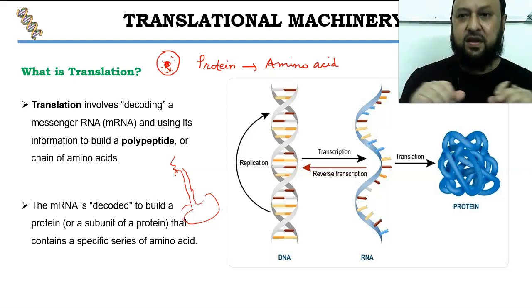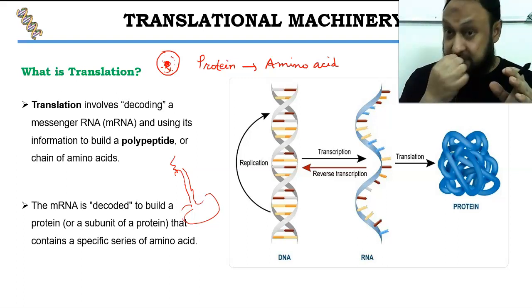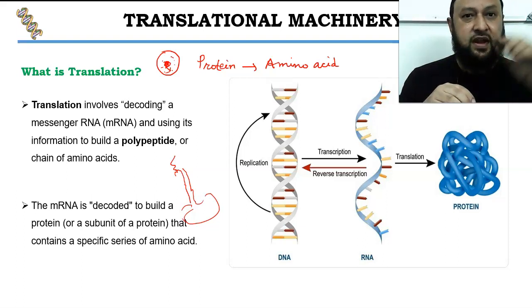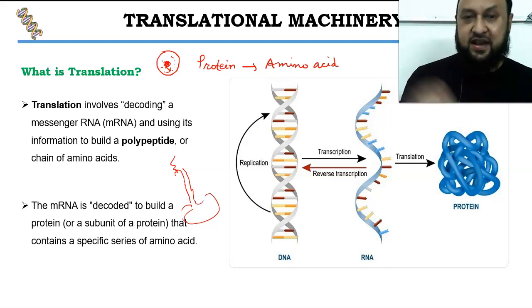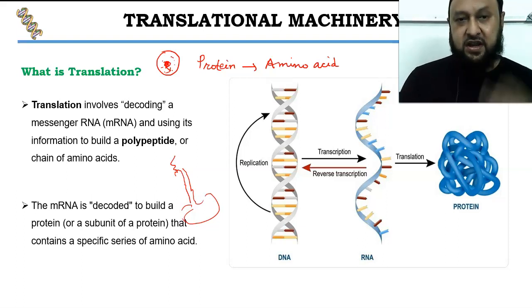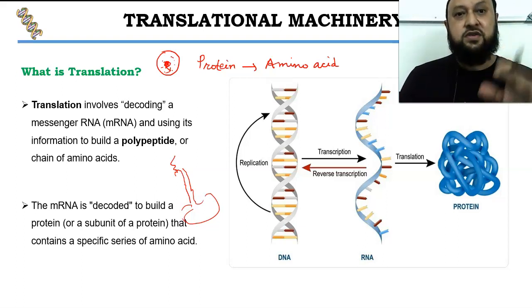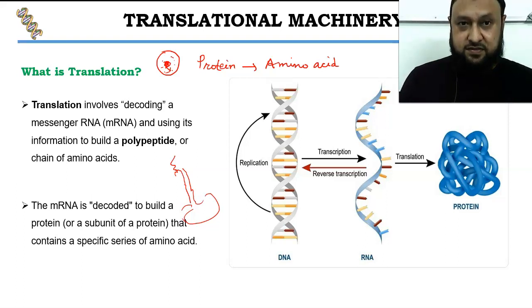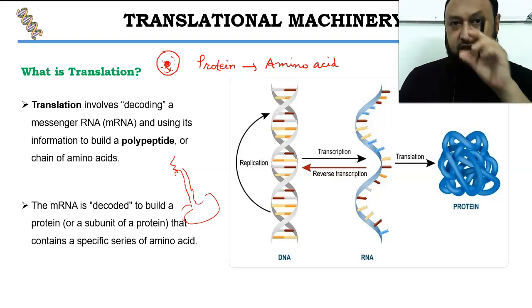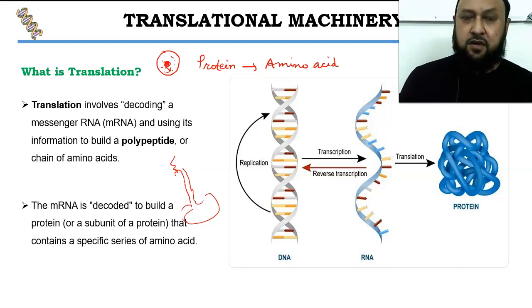Understood? Okay. Now, translation means decoding the genetic information that has been brought from the DNA. That genetic information is decoded into a protein, the functional product. The DNA has the information about what kind of protein needs to be prepared, and in which situation, depending on the requirement of the body.